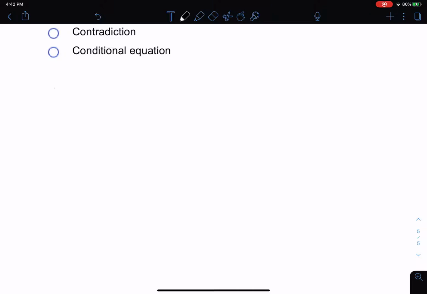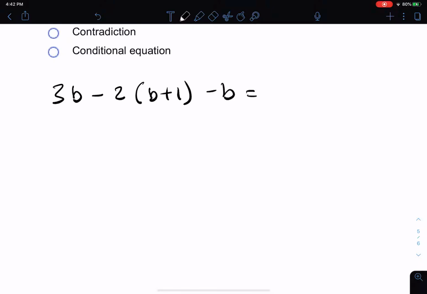So this thing says 3b minus 2 times the quantity, b plus 1 minus b equals 9 times b minus 1 minus 9b.